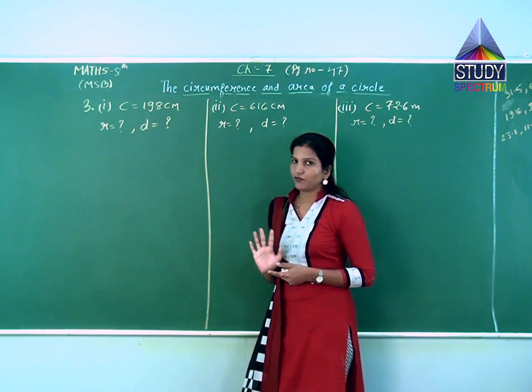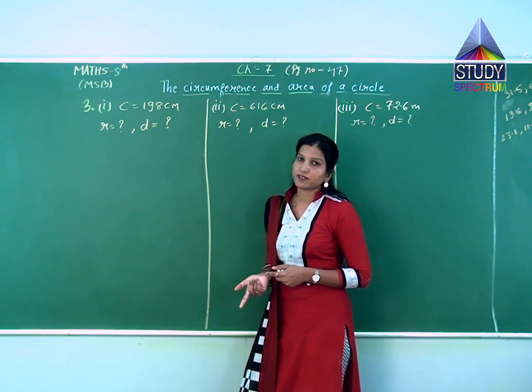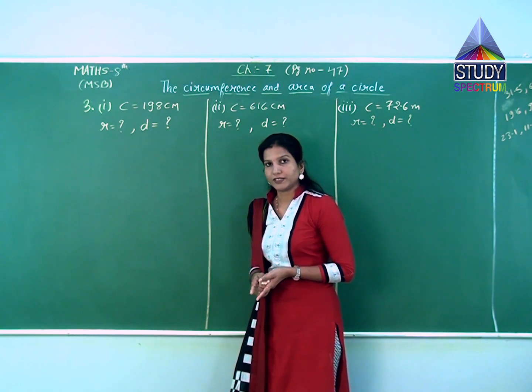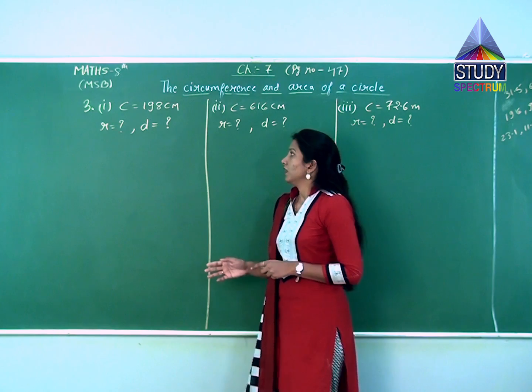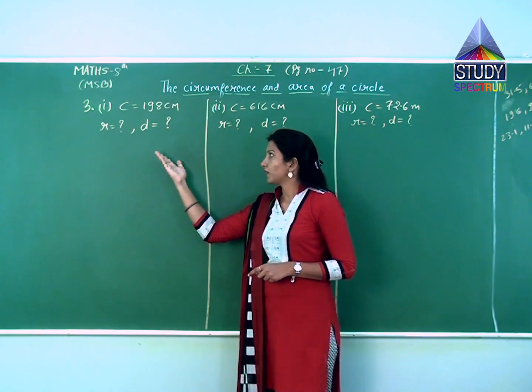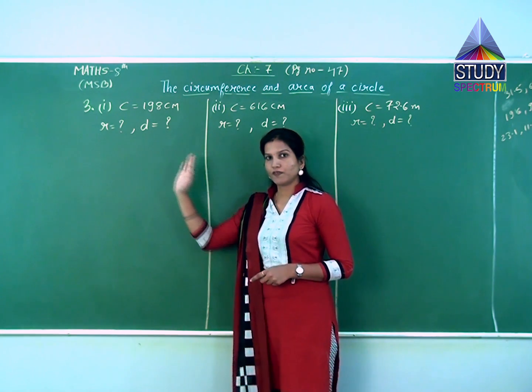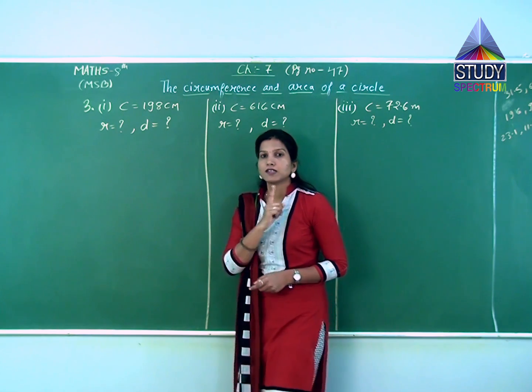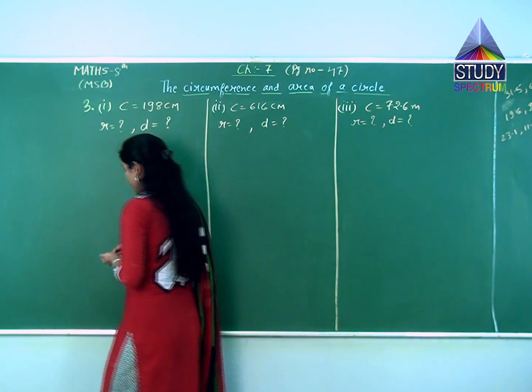So we can apply either formula, C equals pi d or C equals 2 pi r. In this question, let us apply the formula for d. So we will apply here the formula C is equal to pi d.